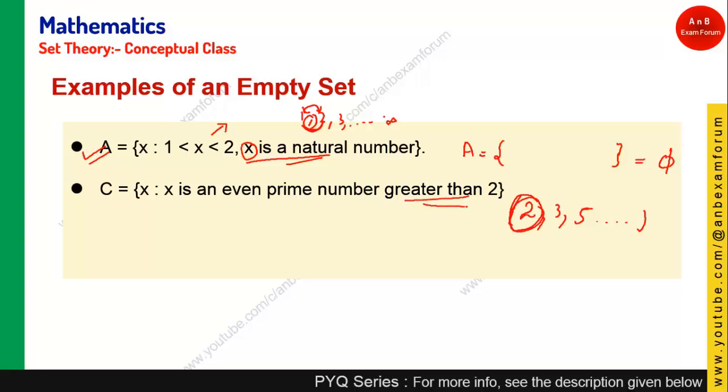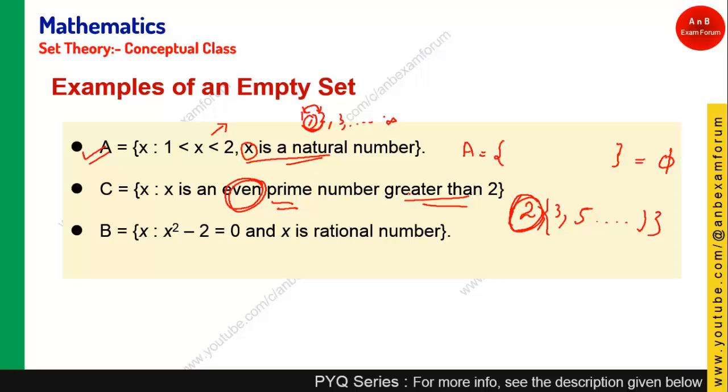So there is no even prime number which is greater than 2. Even is one more keyword. Again, this is an empty set. There is no element which is even as well as prime and greater than 2, right? So it is also an empty set.